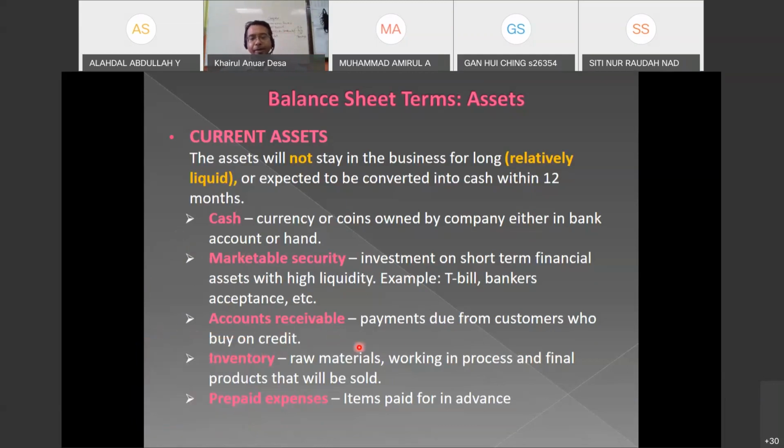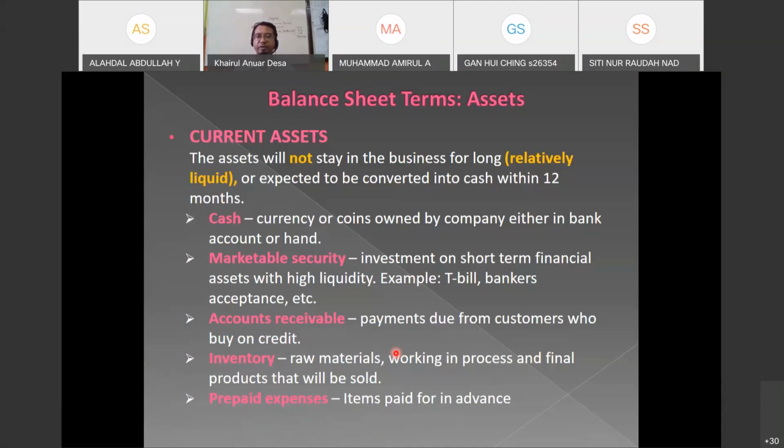Next is the account receivable. Macam mana account receivable ini boleh wujud? How come the account receivable exists in our company? Okay, ada dua, ini pun you kena faham. Ada dua jenis transaksi di dalam syarikat.